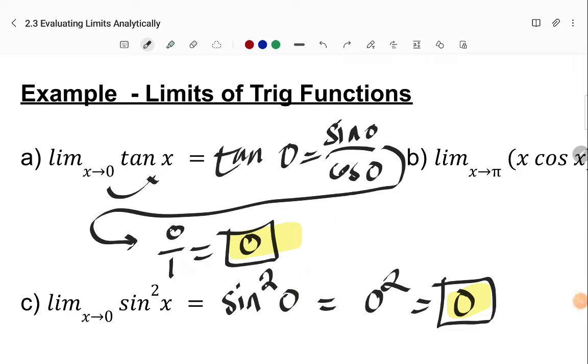Okay, so let's see how we did here on A, the limit as x approaches 0 of tangent. You plug in tangent of 0, right? And remember, tangent of 0, you might have that memorized, but it's just sine over cosine. So sine of 0 over cosine of 0, so that's 0 over 1, which is 0.